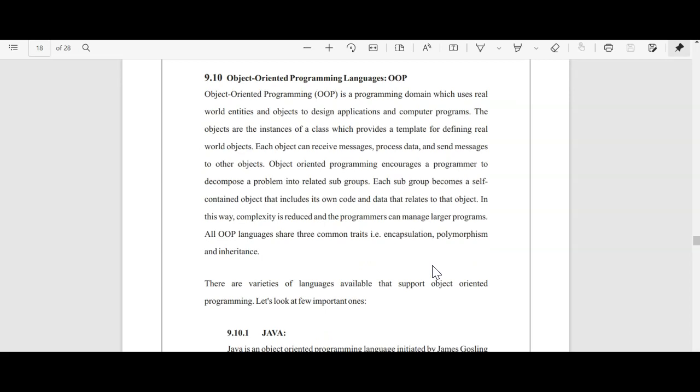This object orientation approach gives us the benefit of encapsulation. Encapsulation means hiding something. Like for example, you buy a medicine from a market, from a pharmacy, and what is encapsulated, like in a capsule there is a medicine inside it, and you don't know what's inside it, you don't know the formula, you don't know how they have made it.